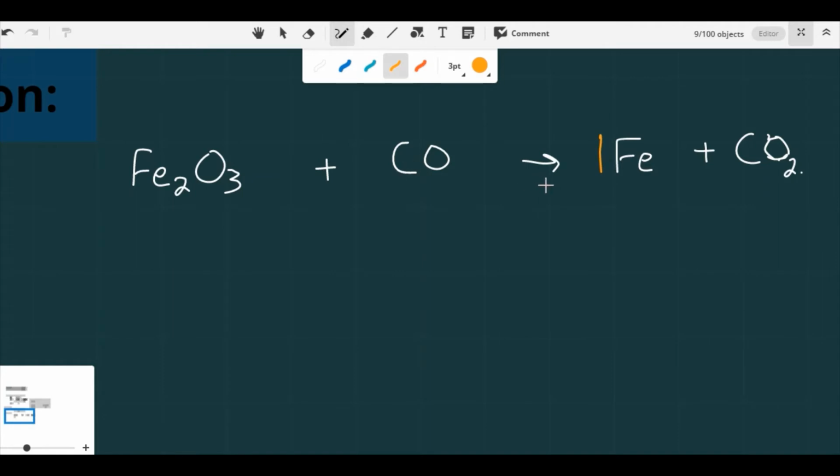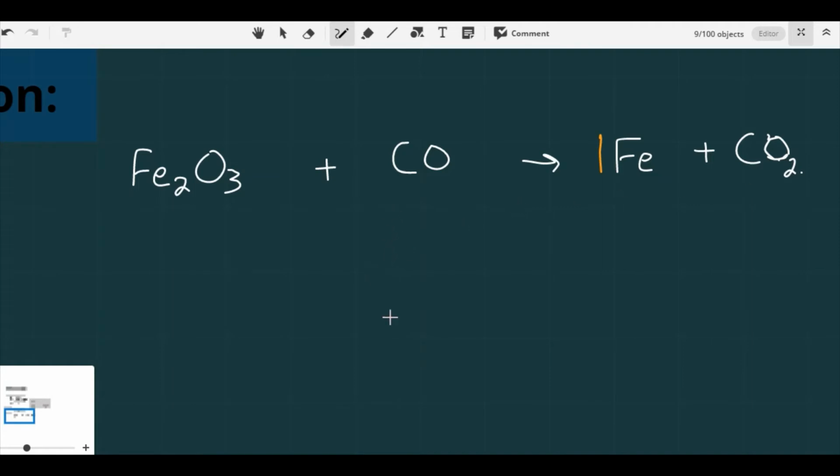Next, while balancing the oxygens and carbon, you can see on the left side there are 4 oxygens while on the right side there is only 2, so you need to balance it.